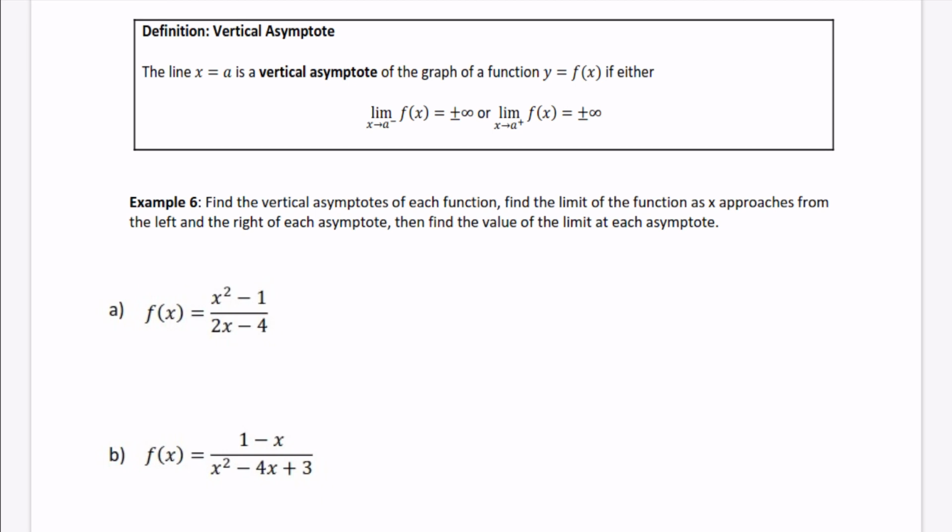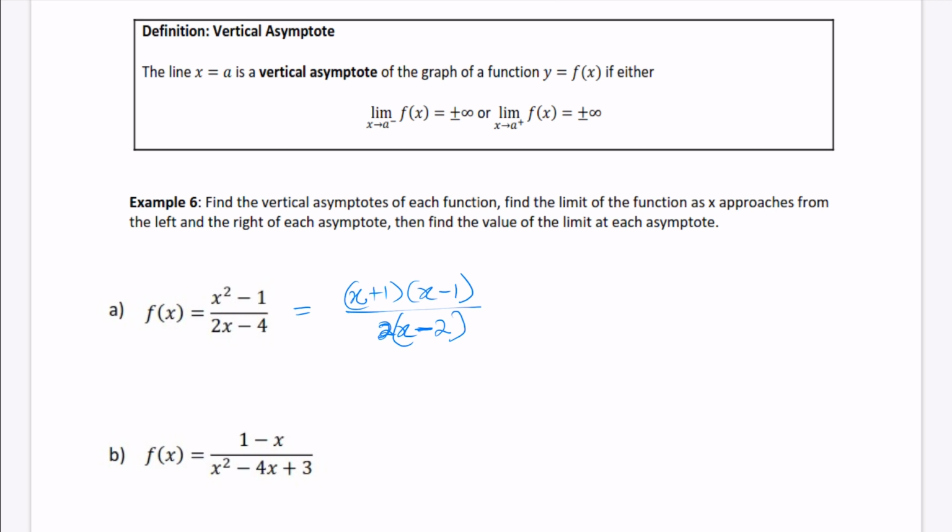So how do we solve for this particular question? Very simple. Here we want to find if there is a vertical asymptote. First of all, we need to factorize this expression. This gives us x plus 1 times x minus 1 divided by 2x minus 4, which I'll even write as x minus 2, and take 2 outside. Factor 2 out.